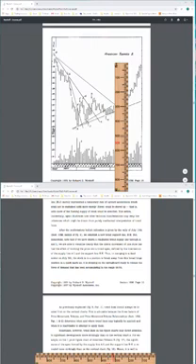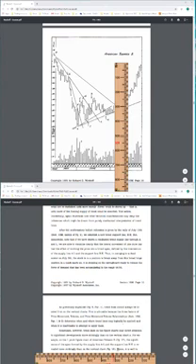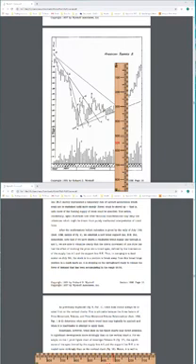You have a line from here to here, and a line from here to kind of like here, and they're all coming together to form some type of apex. What he calls the dead center.